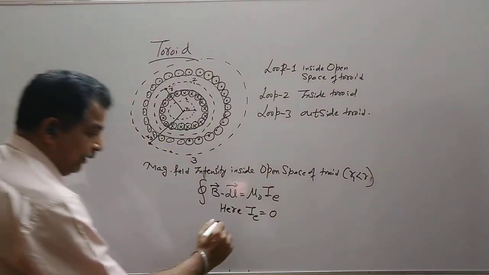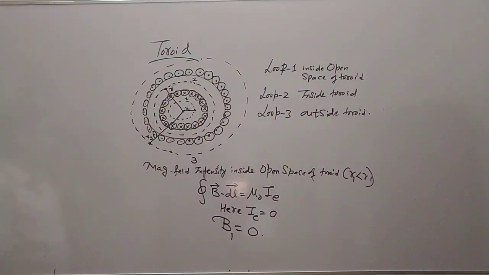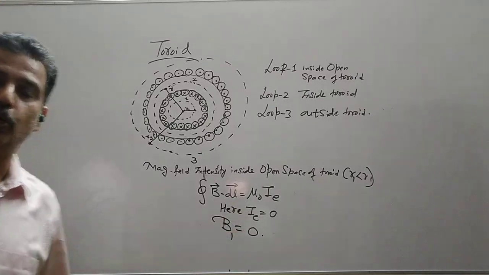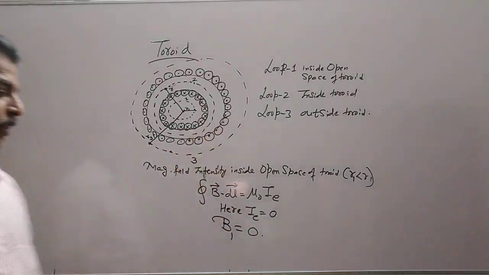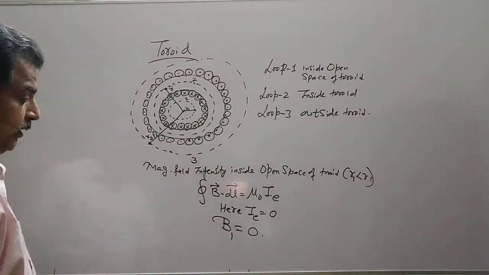So clearly the magnetic field intensity inside the open space of the toroid is 0 because there is no current enclosed. So this is the case.